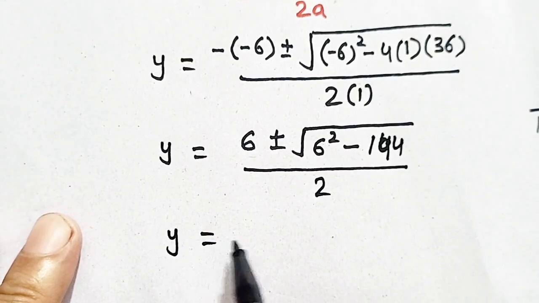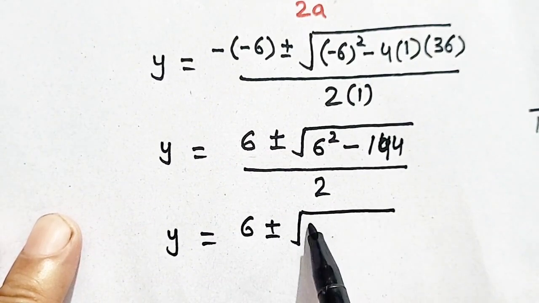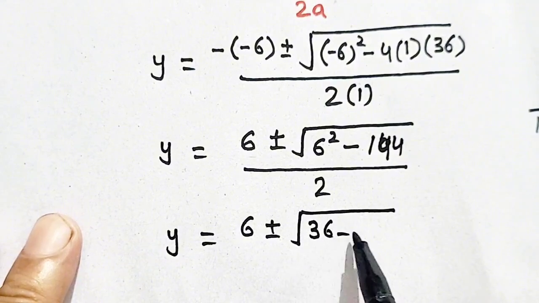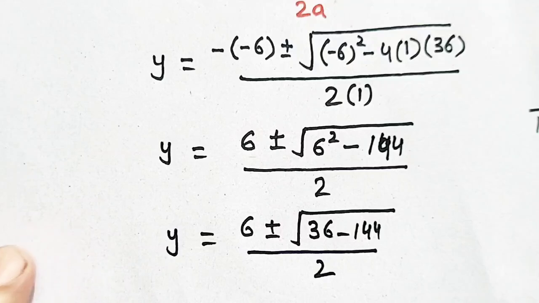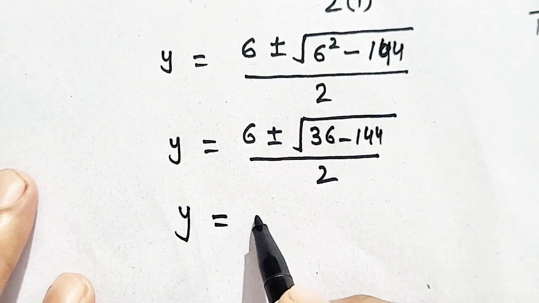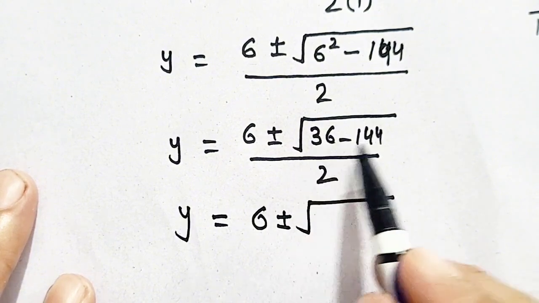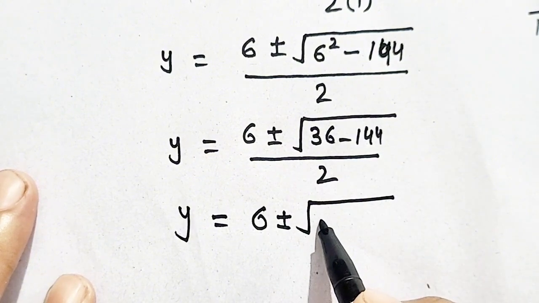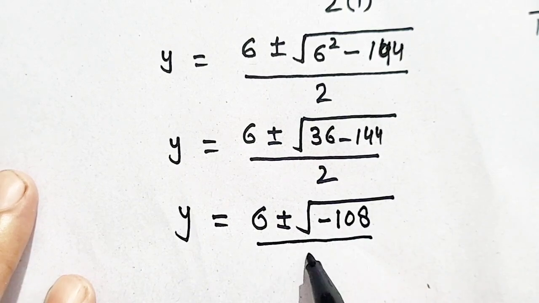So y will be equal to 6 plus minus square root of 36 minus 144 divided by 2. So y will be equal to 6 plus minus square root of 36 minus 144 is minus 108, divided by 2.